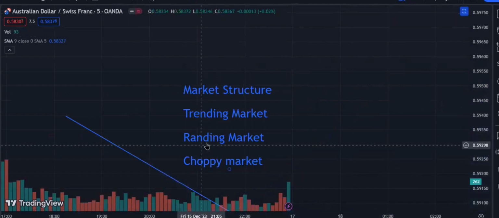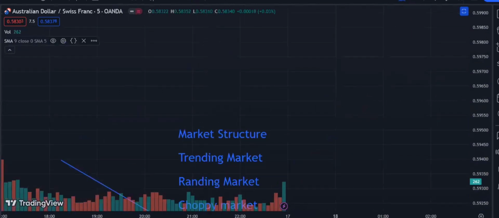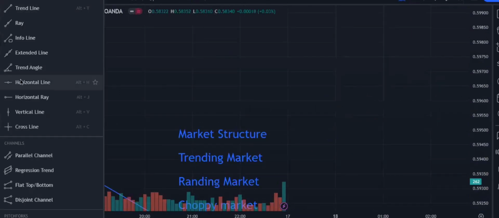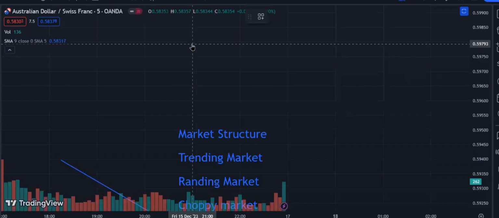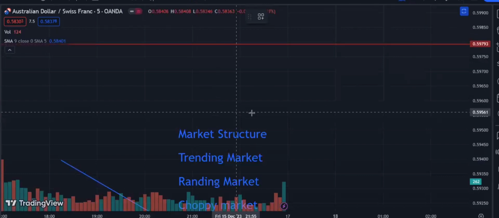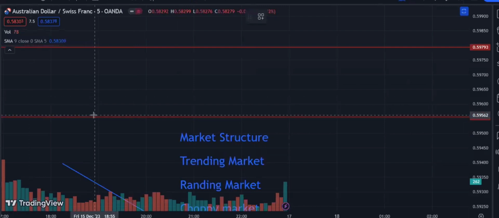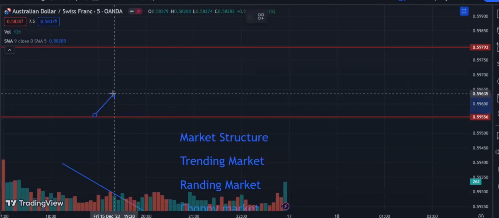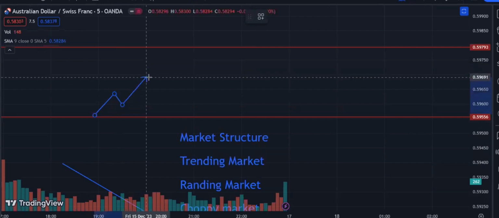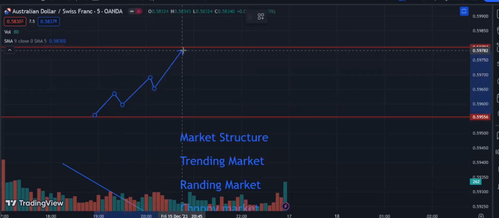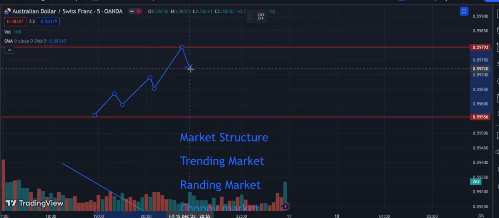But in a ranging market, the market makes more of a horizontal move. That is, it doesn't continue upward, neither does it continue downward. Something like this. It hits here.